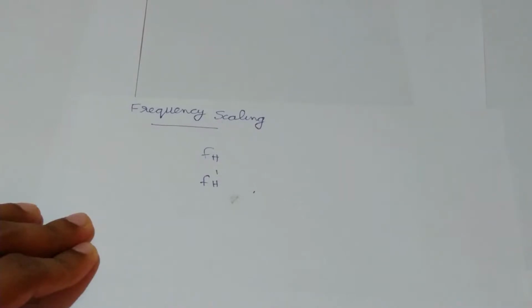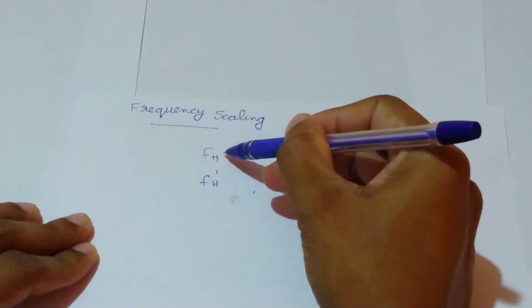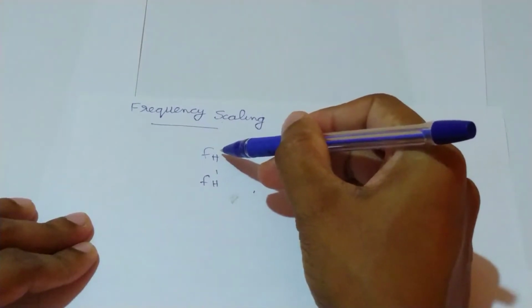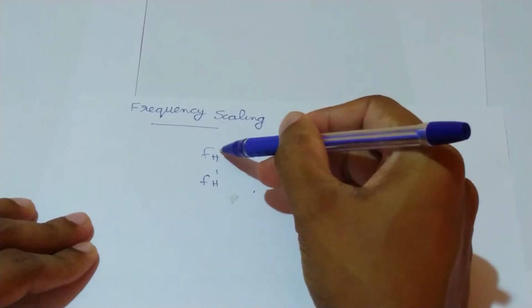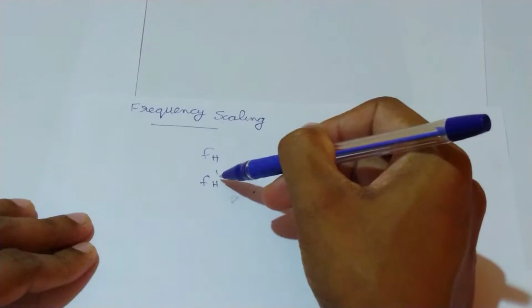To do the frequency scaling, or to change a high cutoff frequency to a new cutoff frequency, we need to multiply R or C but not both by the ratio of the original cutoff frequency to the new cutoff frequency. That means this fH is our original cutoff frequency and we need to change it to a new cutoff frequency fH dash.